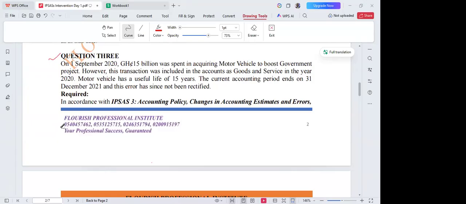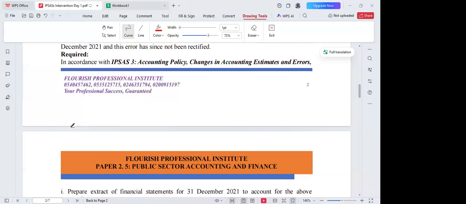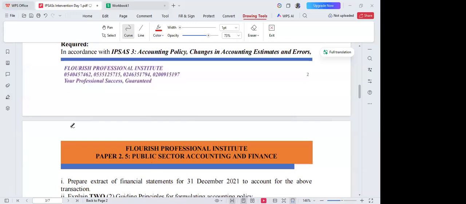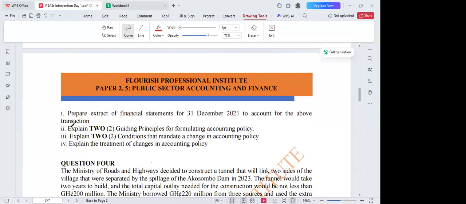The current accounting period ends on 31st December 2021, and this error has not since been corrected. In accordance with IPSAS 3, accounting policies, changes in accounting estimates and errors: I. Prepare an extract of financial statements for 31st December 2021 to account for the above transaction.